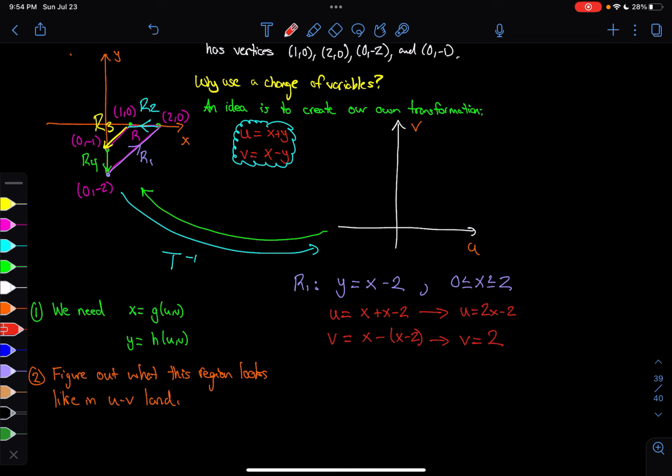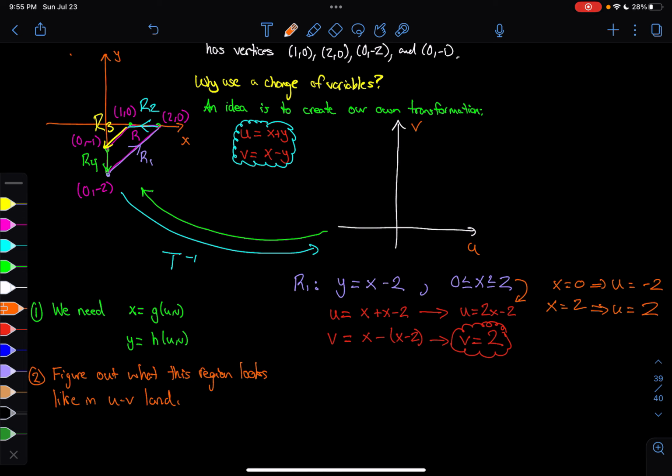Okay, so what does this tell us? This tells us that R1 maps to v equals 2 for what values of u? Well, how are we going to get that? We plug in some values for x. So when x is equal to 0, this tells us that u is equal to -2. And when x is equal to 2, we get that u is equal to +2.